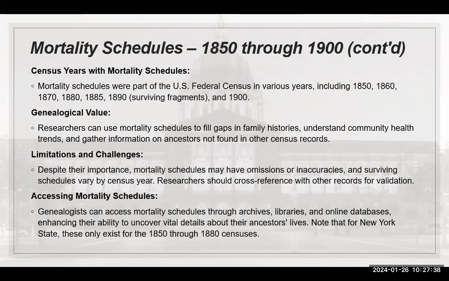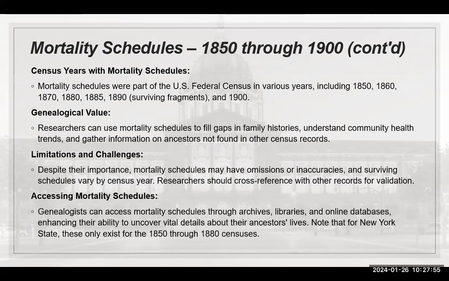So the mortality schedules were part of the U.S. federal census in various years, including 1850, 1860, 1870, 1880, 1885, 1890, for the records that survived, and 1900.